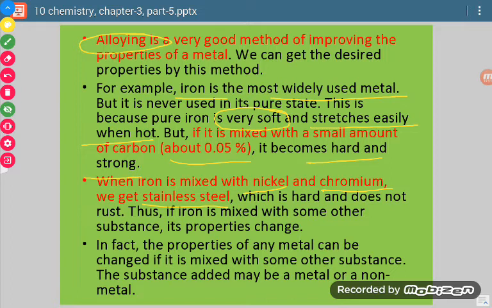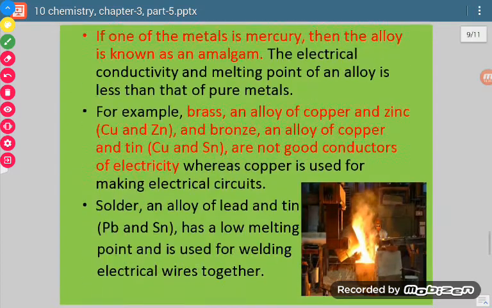So how do we get stainless steel from iron? Iron is mixed with nickel and chromium and it converts into stainless steel. So if we mix iron with some other substances, then its properties also change. In fact the properties of any metal can be changed if it is mixed with some other substance. So this was all about alloying.